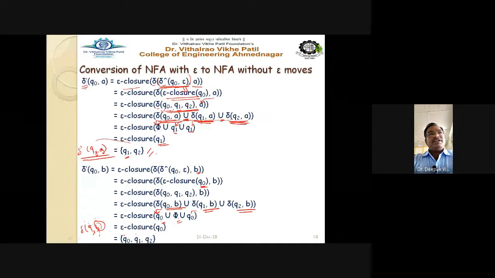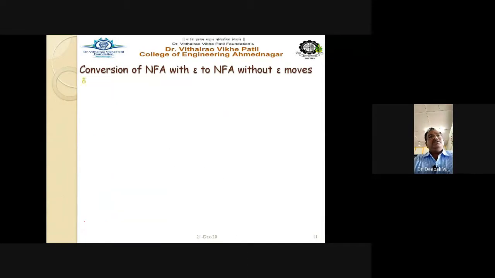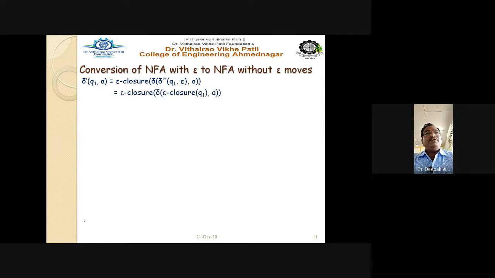Okay, so now take the next state, that is q1 comma a. Same method we are applying here. Delta cap q1 comma epsilon comma a is equal to e closure of delta e closure of q1 comma a, and e closure of q1 is nothing but q1 q2.